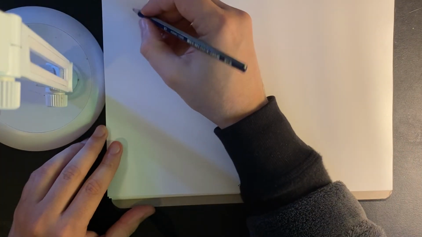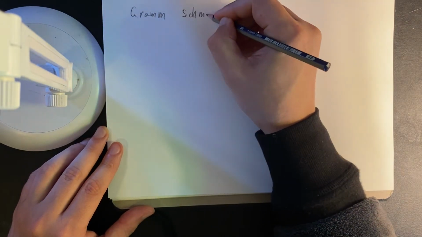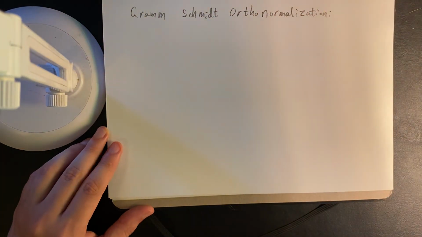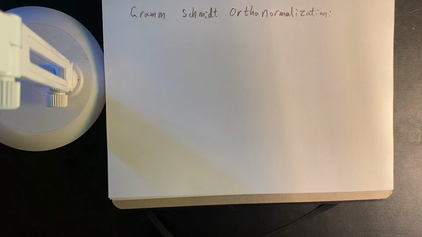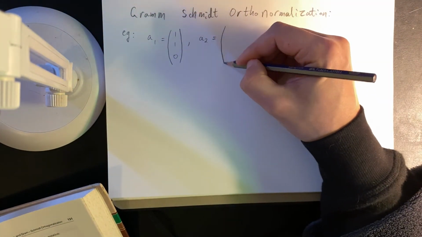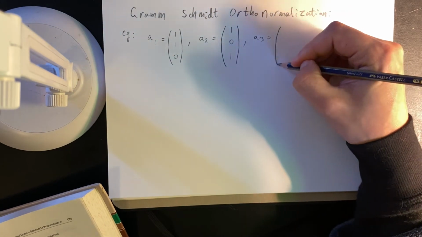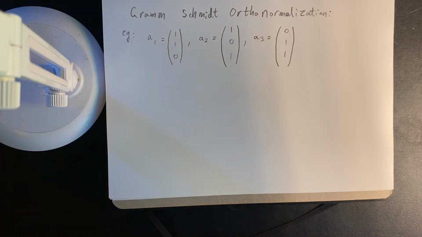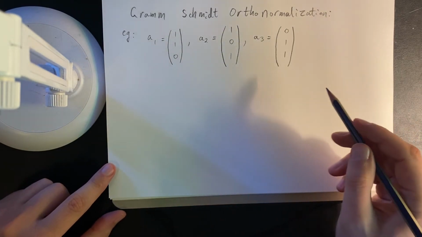As a matter of fact, I'm going to do this by example. It'll probably make the most sense. Okay, so there we have it, 3 vectors. Now, just to show you, I'll briefly plot these 3 vectors.